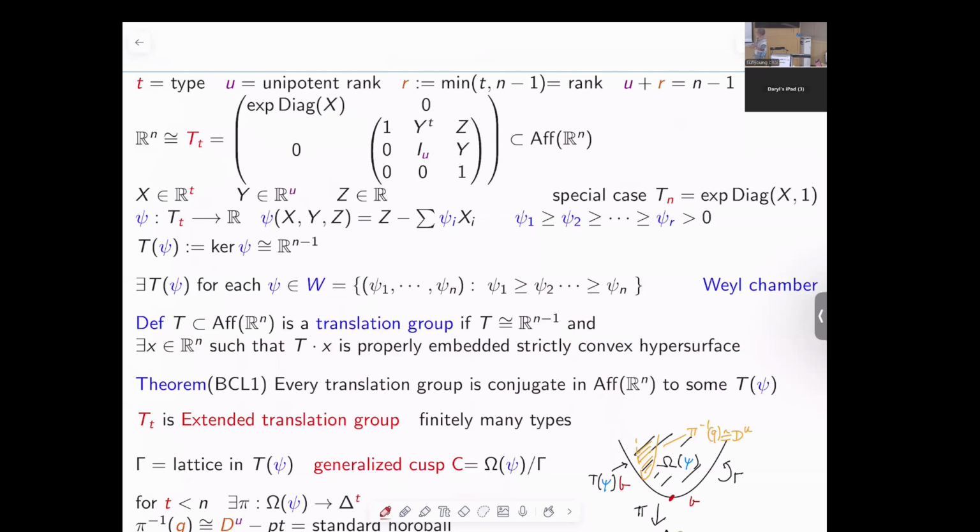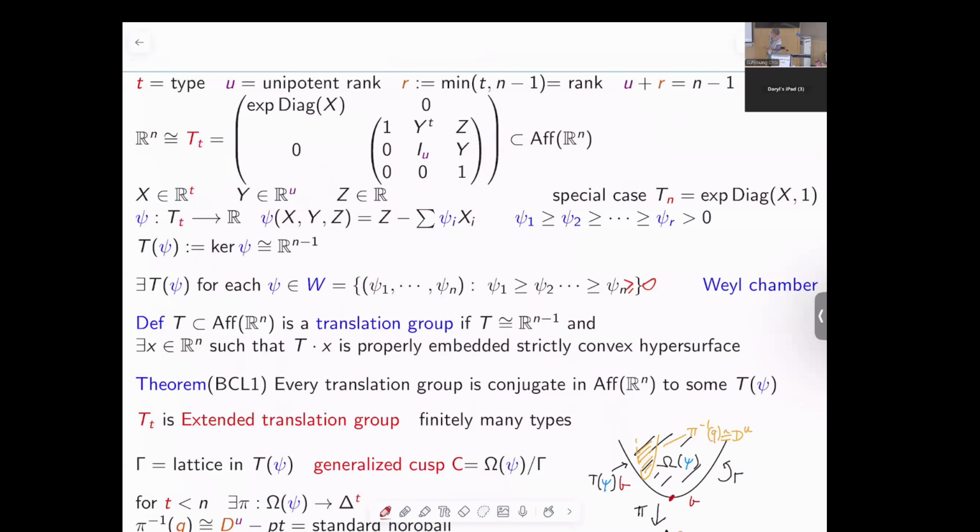But then you get to choose a set of n numbers, which should say bigger than or equal to 0. So you then get to choose some non-negative real numbers, and you can put them in decreasing order. And this is something called the Weyl chamber. So you pick a type.